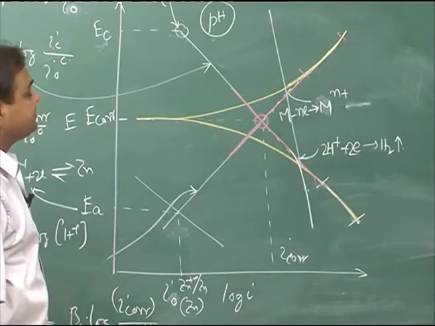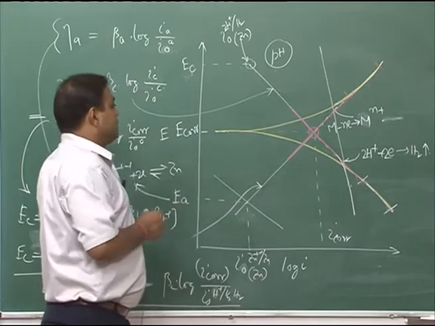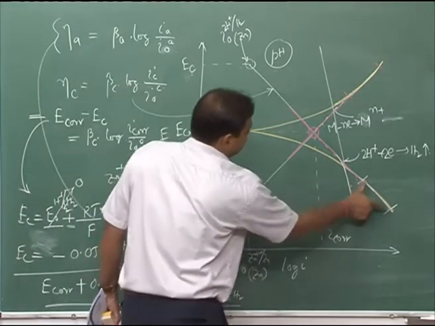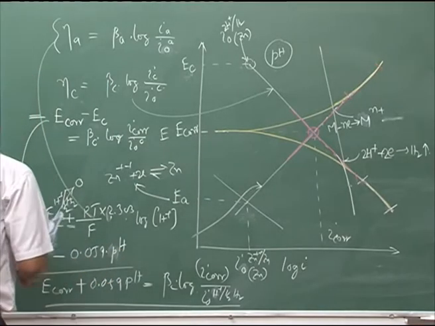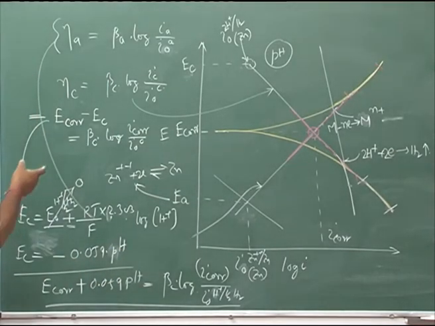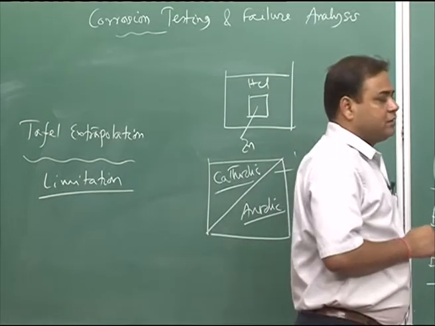Another possibility is resistance polarization, which might also cause a problem in getting this linear part. So, these are certain issues with Tafel extrapolation.